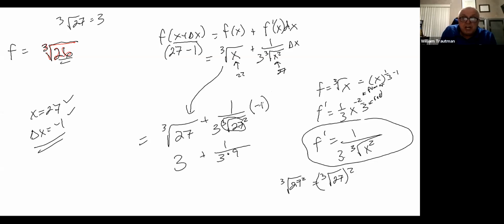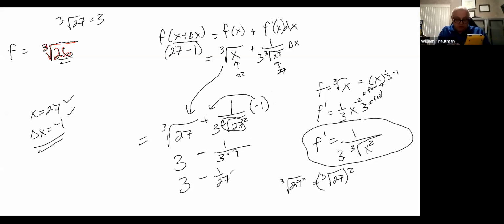Oh, by the way, times -1, that just changes this to a minus. That times -1 changes that plus sign to a minus. So we end up with 3 minus 1/27. And let's find the decimal equivalent to that.